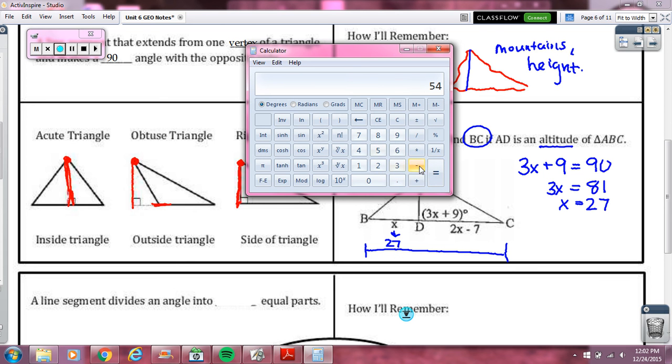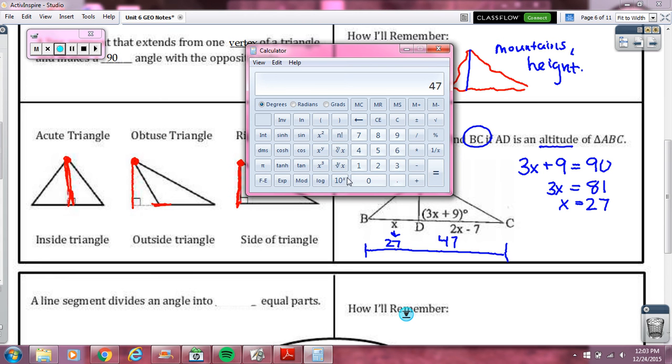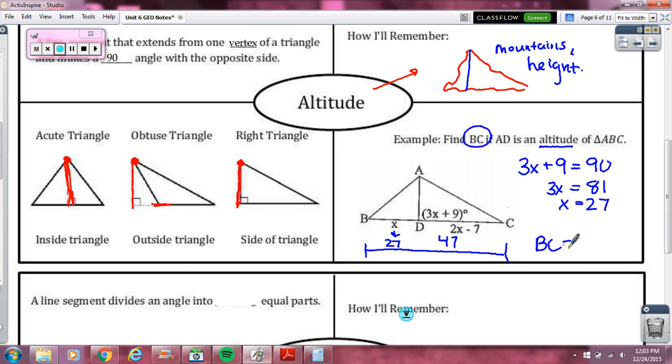And then minus 7 is 47. So BD is 27, DC is 47, and if I want to find BC, I'll just add those two together. So 47 plus 27, drum roll, 74. And now I'm done.